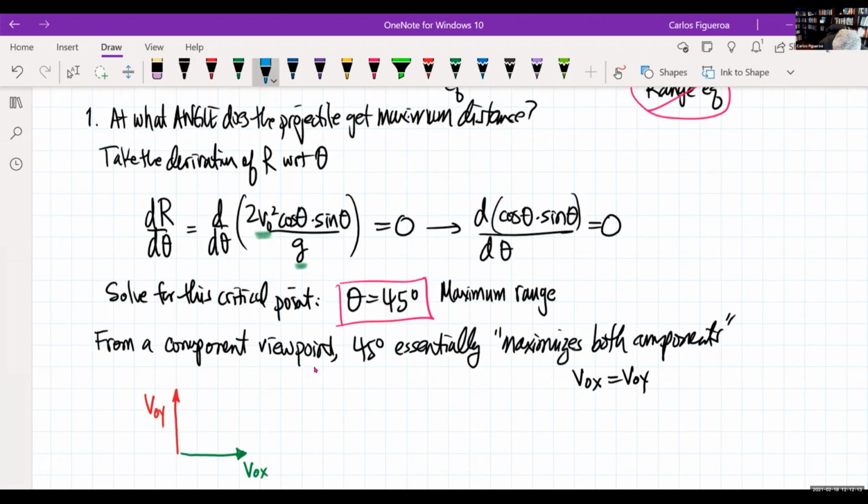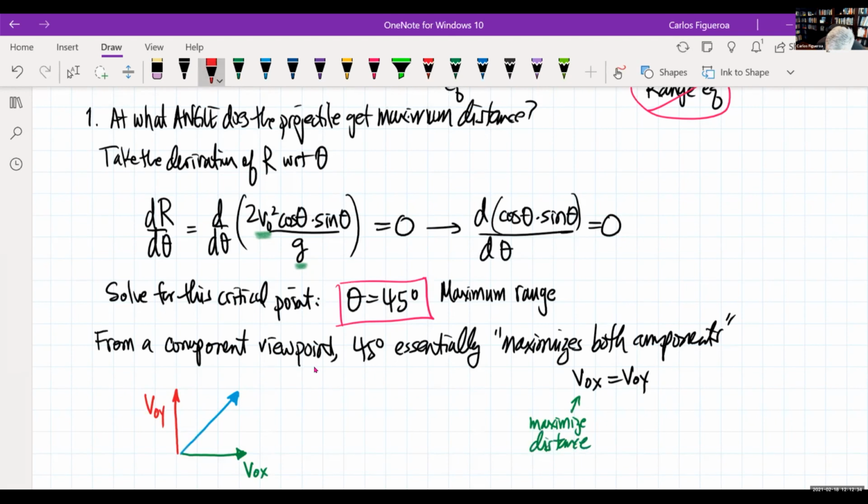And so in this case, you're going to maximize sort of like distance.